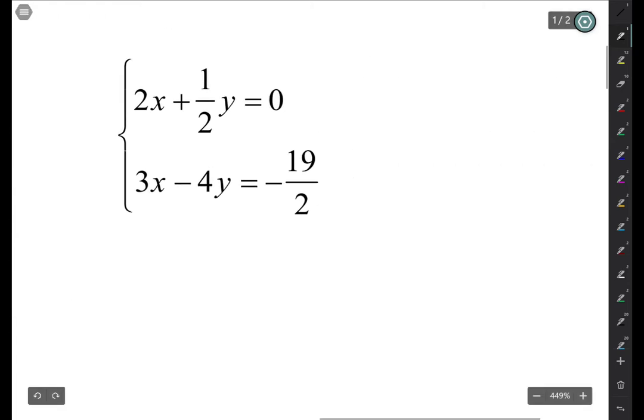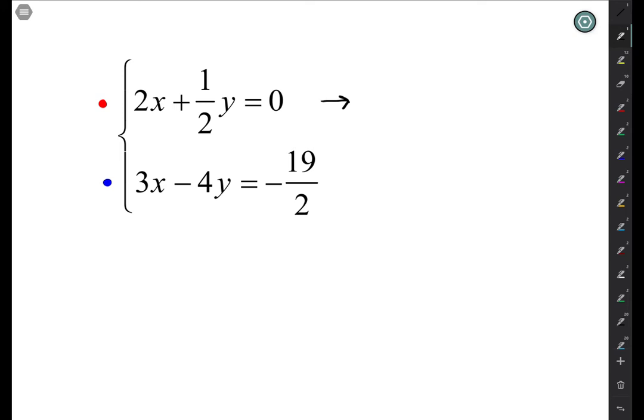Okay, so substitution. Another example, one a little more challenging because we don't have a coefficient of 1, is just to solve for variables still and substitute it in. Now, this one's a little trickier because neither has a coefficient of 1, so we'll just have to work with what we have. And really, the idea is try and pick one. You have to think a little bit, what would be nice, or what will not have as many fractions. So you have different choices. I'm going to solve this equation for y.